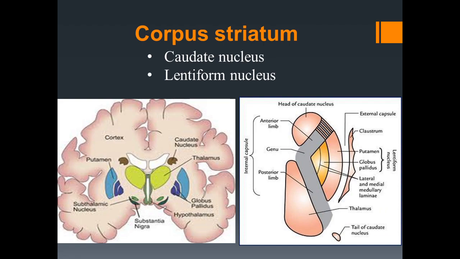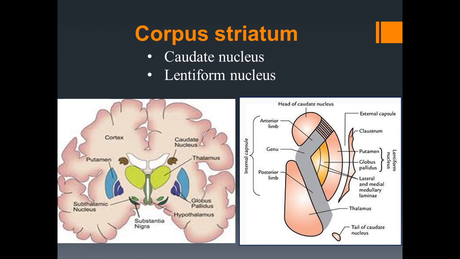Now what is corpus striatum? Corpus striatum consists of two nuclei: the caudate nucleus and the lentiform nucleus. Here in this picture, you can see the coronal section of the cerebral hemisphere. The yellow colored structure is the thalamus, and lateral to the thalamus are the basal ganglia. The corpus striatum is a part of basal ganglia.